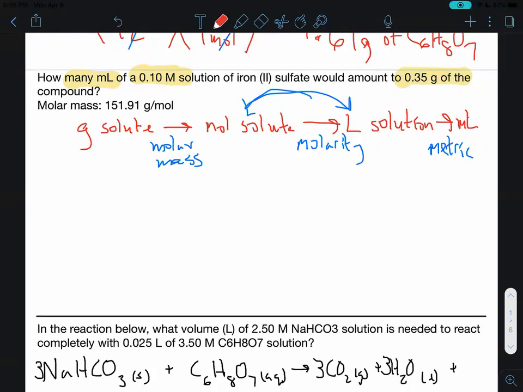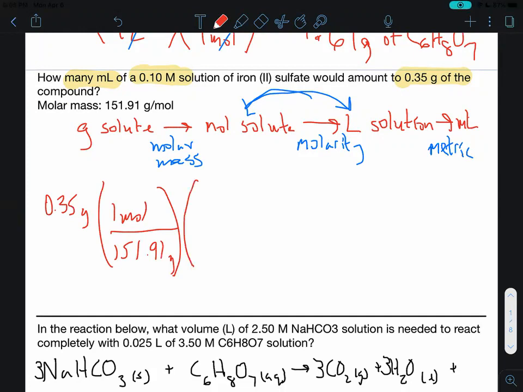All right, so 0.35 grams. Going to divide by the molar mass, and 1 mole, 151.91 grams. And then we're going to use molarity. Here's our molarity. Remember, that represents 0.1 moles per liter. If we want to think about our units, we've canceled out grams, we've got moles up here.